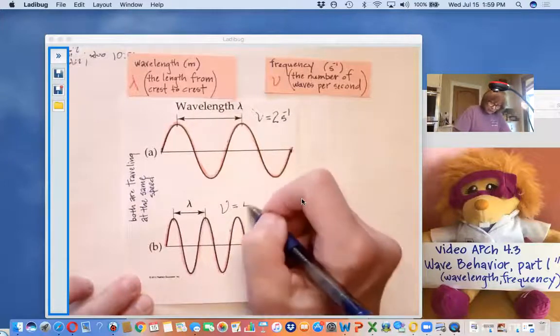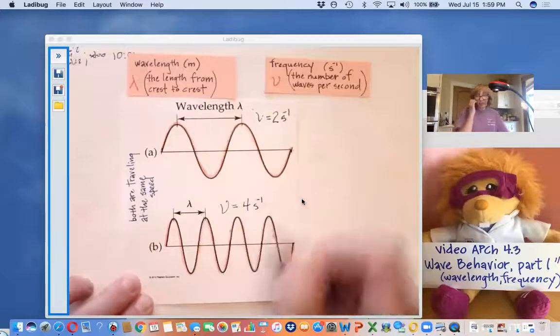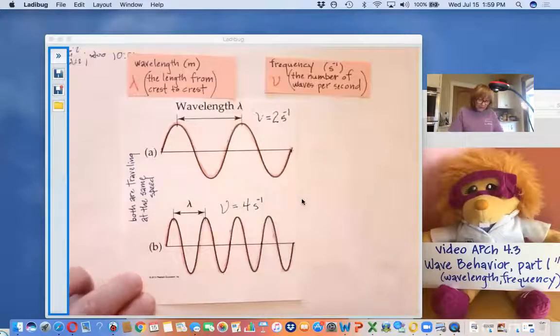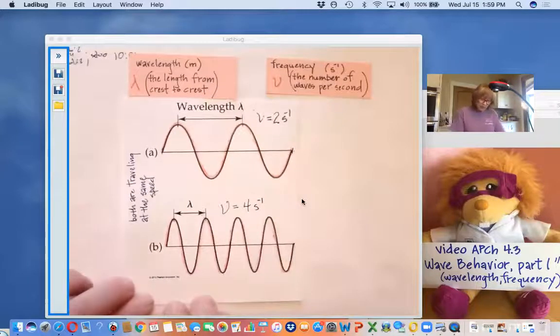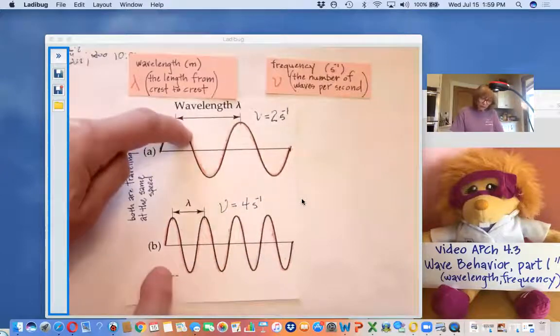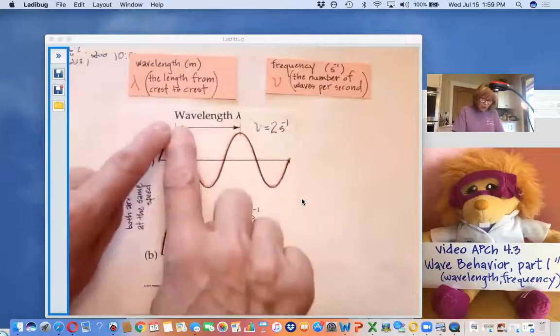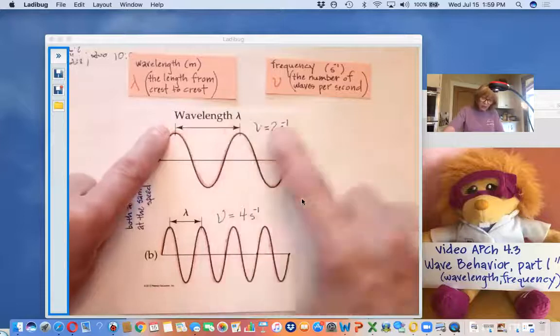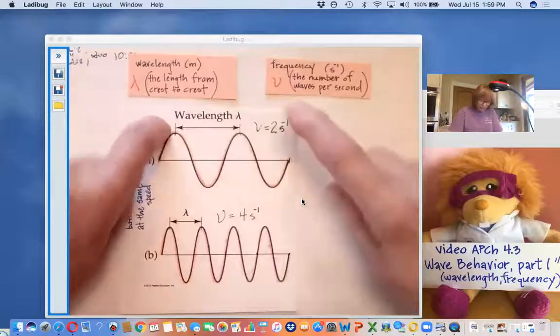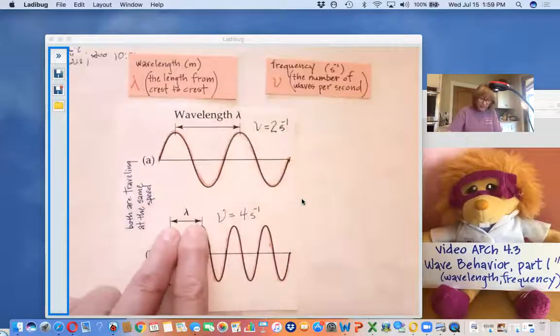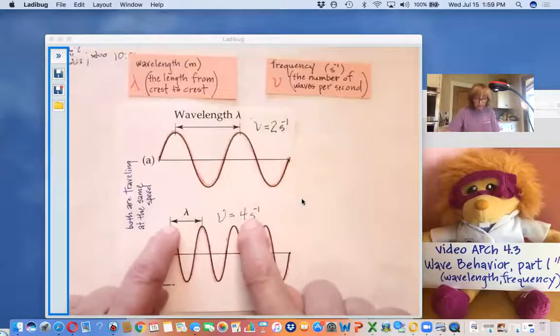So that's a frequency of 4 waves per second. So again, the inverse relationship as we compare these two waves, the longer wavelength has the shorter frequency. The shorter wavelength has the higher frequency.